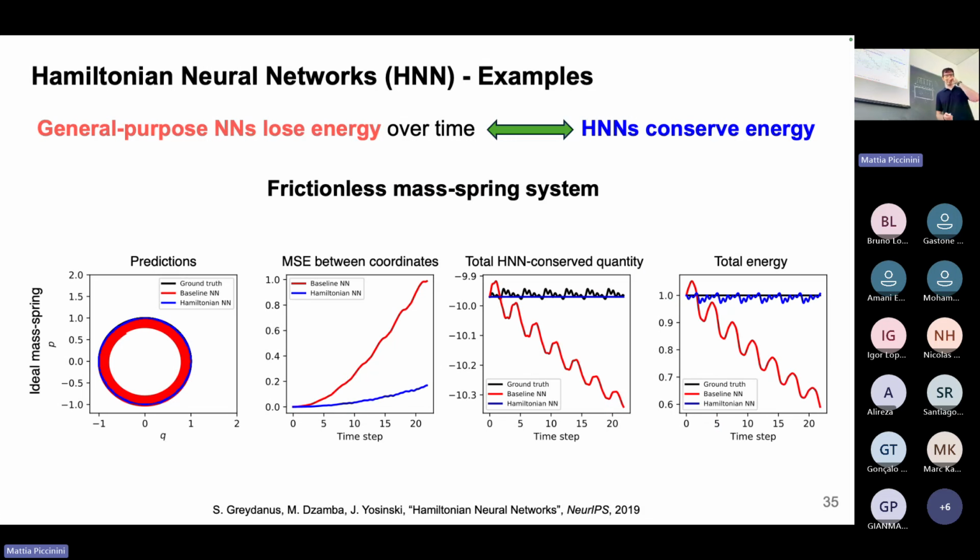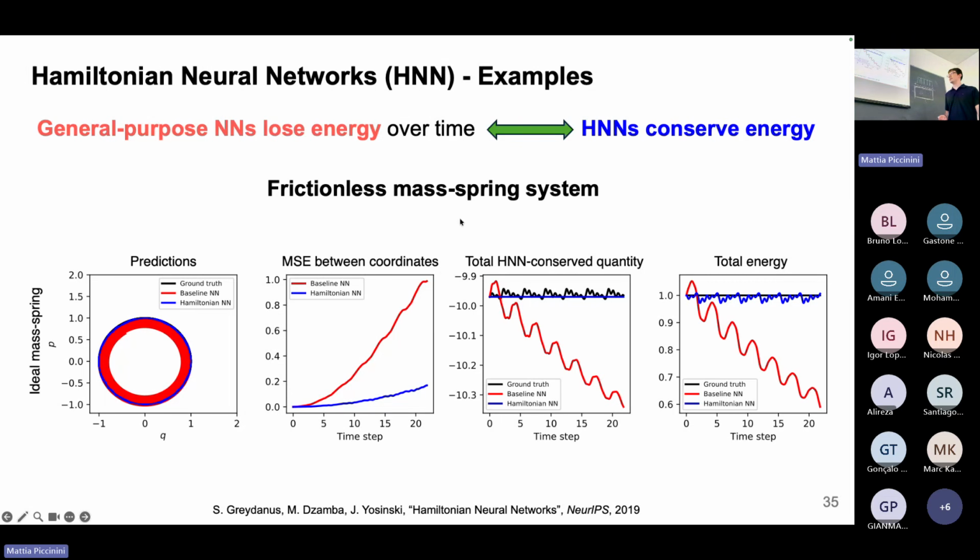These are some numerical results for the ideal mass spring system. With a baseline neural network, the phase portrait tends to go towards the origin. You tend to have more deviation between the ground truth coordinates and the predicted ones. And you tend to lose energy again.